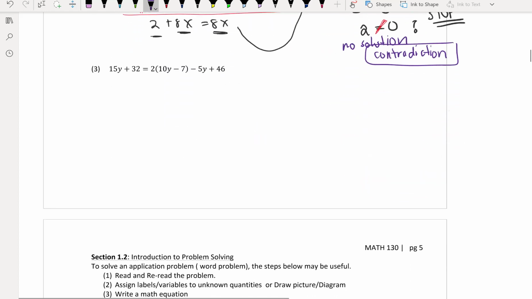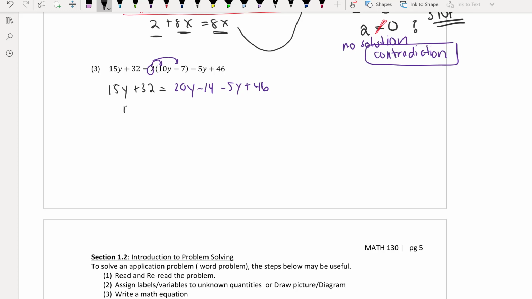Okay. So now for part 3, again, I'm isolating the variable, so I'm going to solve for y. So I have 15y plus 32 is equal to, and I'm going to distribute this 2 inside the parentheses. So 20y minus 14 minus 5y plus 46.